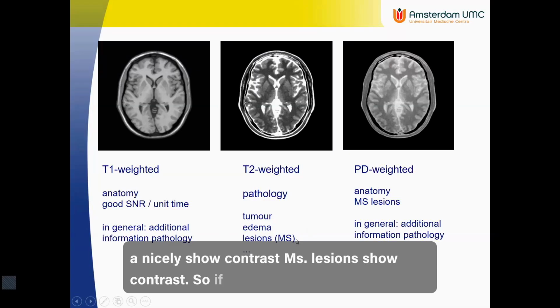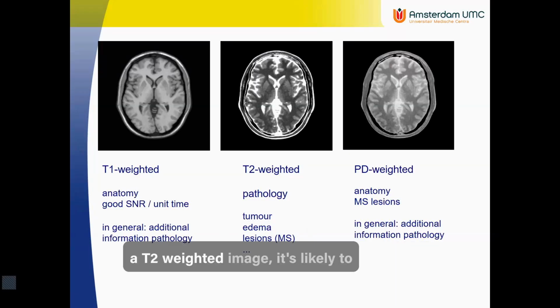So if you see abnormal signal difference on a T2-weighted image, it's likely to be pathology. The other way around, many pathologies are detectable with T2-weighted imaging.